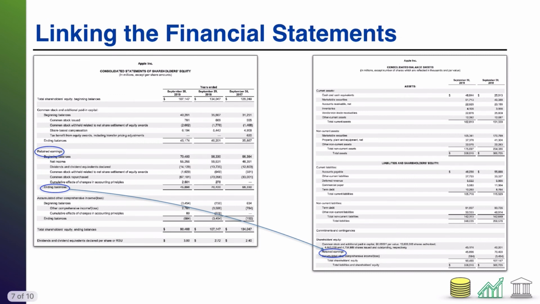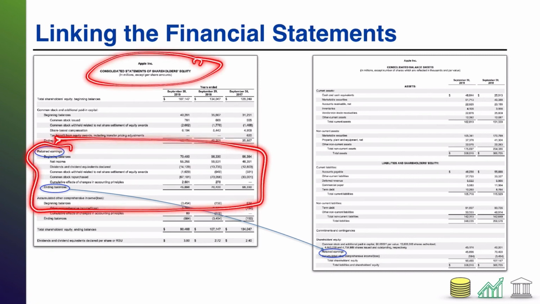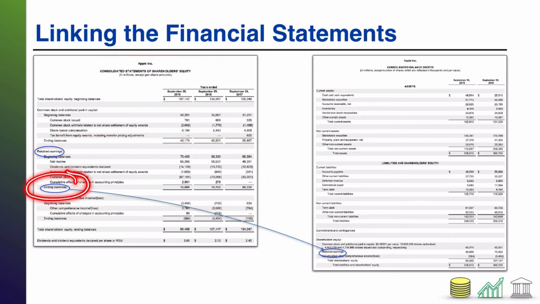We had the statement of shareholders' equity, which had our retained earnings calculation in it. Well, when you're done calculating your retained earnings for the period, that ending balance you come up with, that goes on the balance sheet as of the point in time at the end of the period, right? So again, that's how those are linked together. Every statement is kind of feeding another statement as we go.